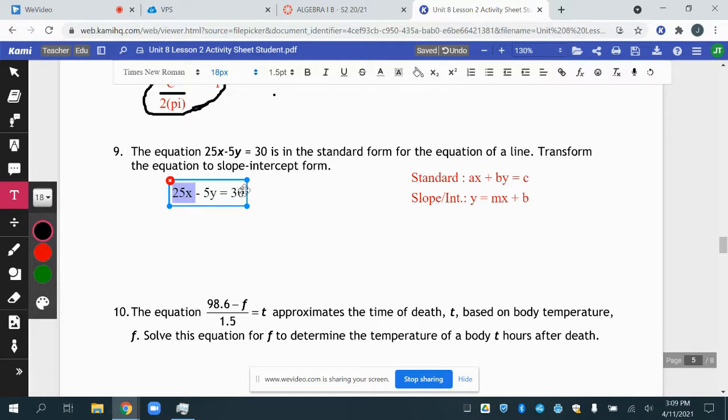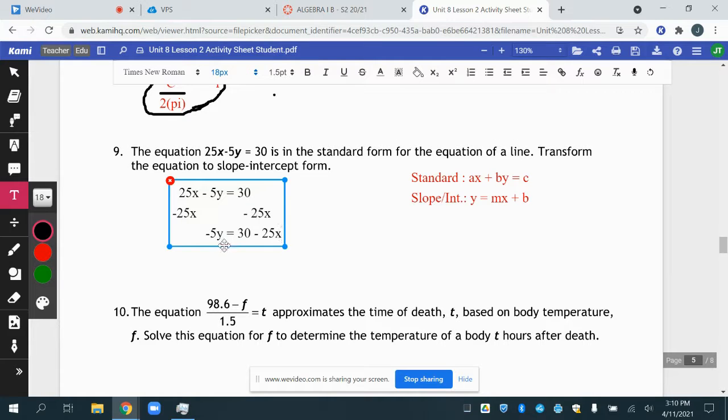I'm going to take away 25x from each side. Here's what it looks like. And that's 25x. Move this guy over a little bit. There. And so we end up with 25x over here gone, equals 3 minus 25x.